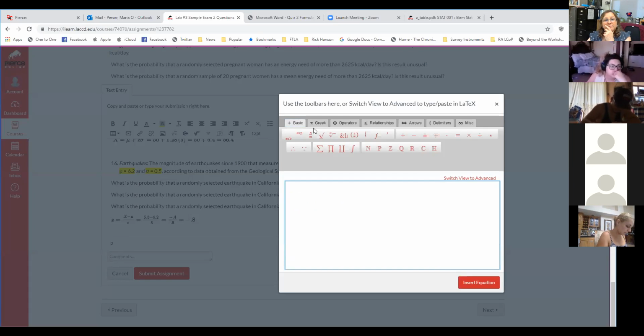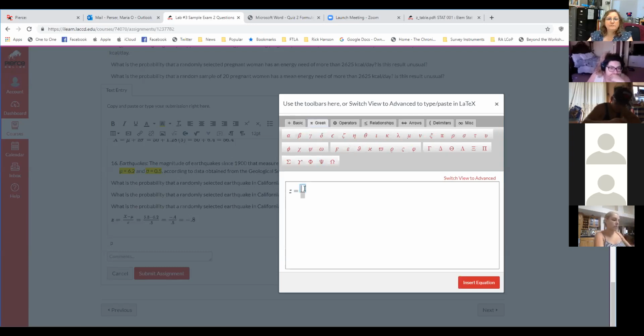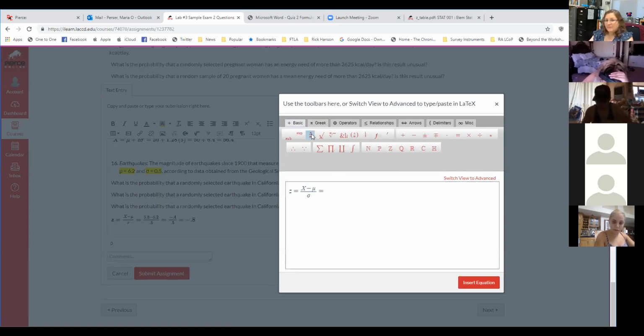So again, Z equal to X minus mu divided by sigma, which is equal to 7.1 minus 6.2 divided by 0.5.